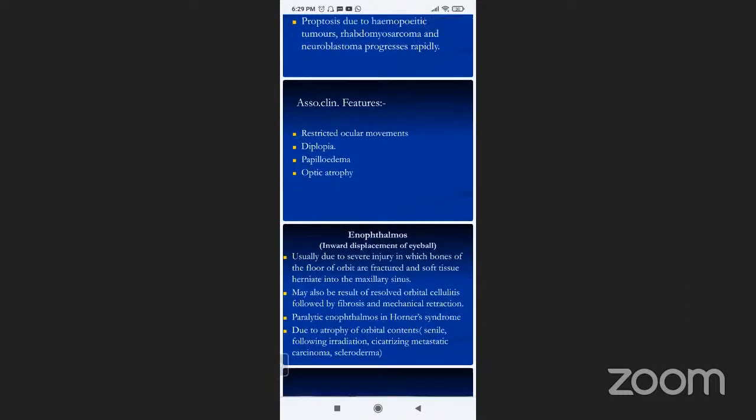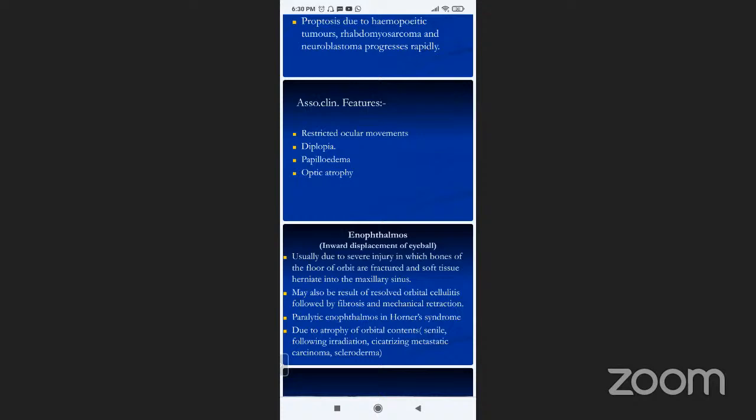Then what is enophthalmos? Enophthalmos is inward displacement of the eyeball. That is usually due to severe injury in which bones of the floor of the orbit are fractured and the soft tissue herniates into the maxillary sinus.